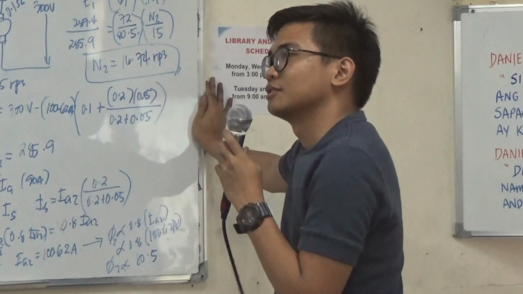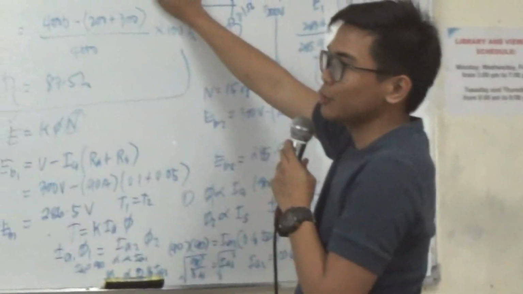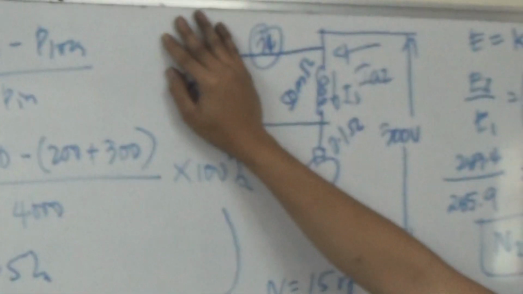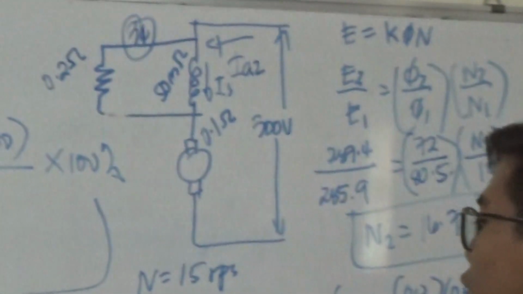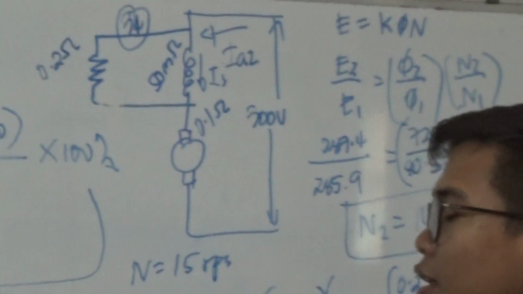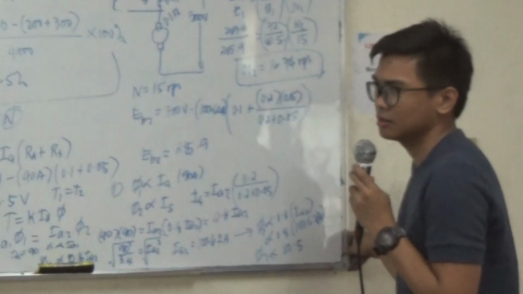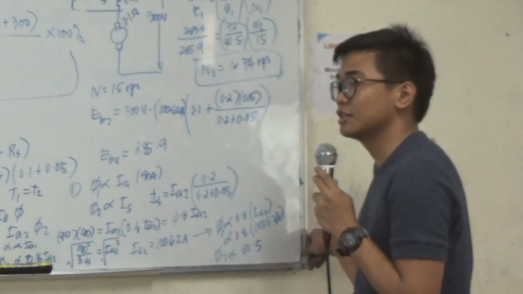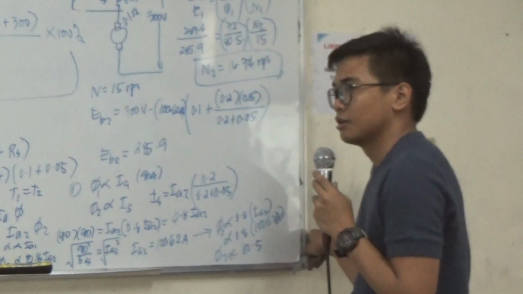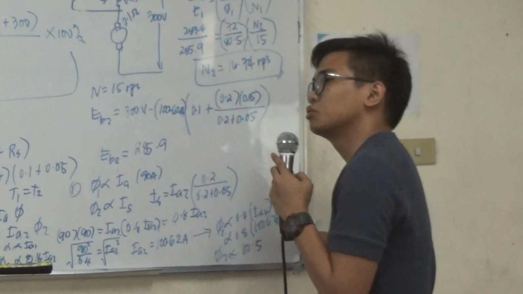Explain niyo, sir. So, nangyari, una wala to. Kinumpit natin yung back EMF, which is at 90 pa rin, so ang nakuha natin is 286.5. Then, for the second condition, naglagay siya ng diverter dun sa series field winding, pero full load torque pa rin.